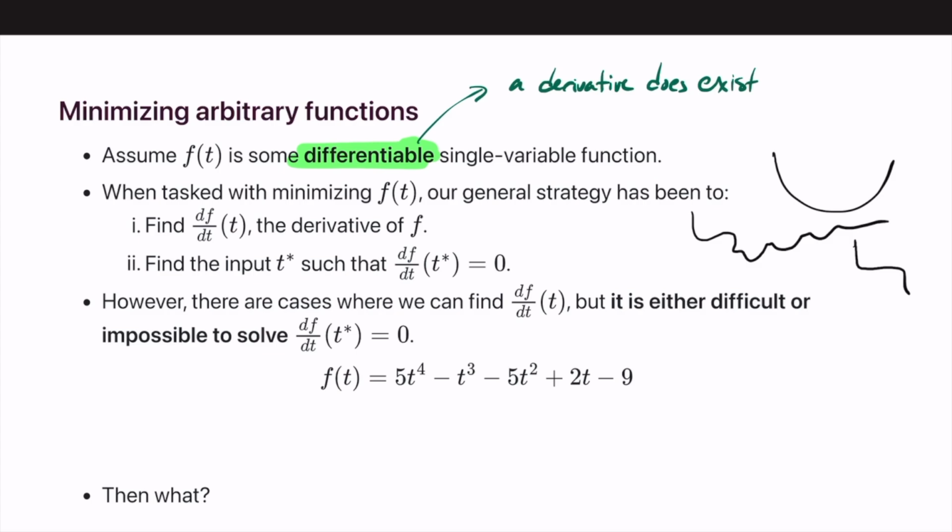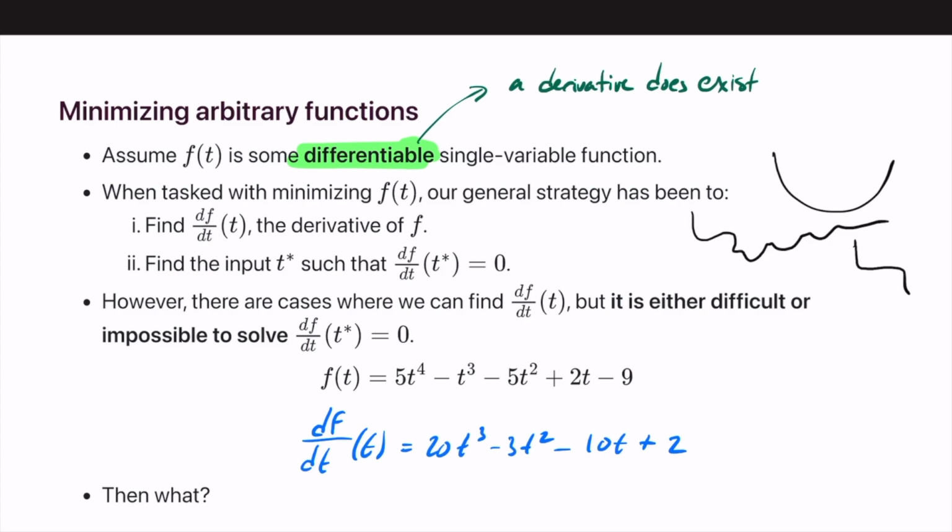If we take the first derivative with respect to t, this would be 5 times 4, which is 20t to the third, minus 3t squared, minus 2 times 5, 10t, plus 2, and negative 9 goes away. So that's great. We've got this, and we can now work with it.